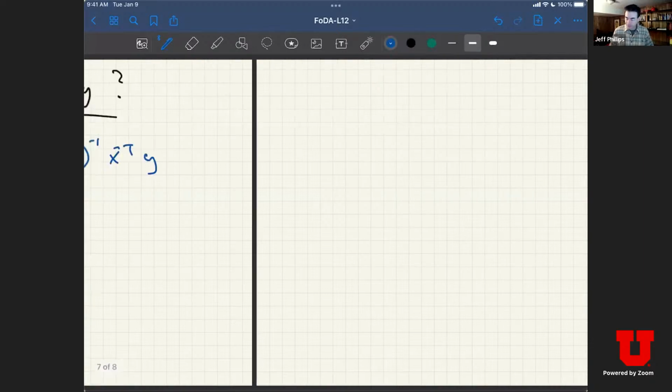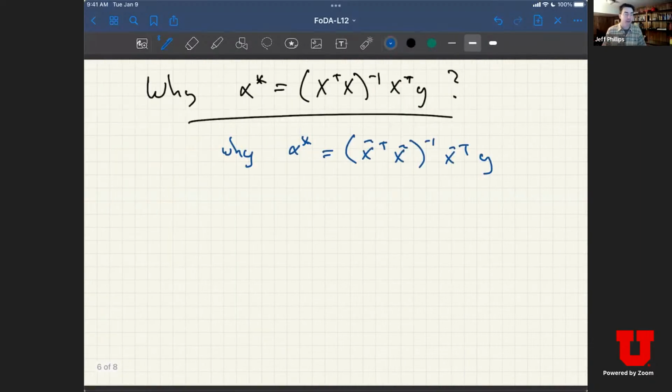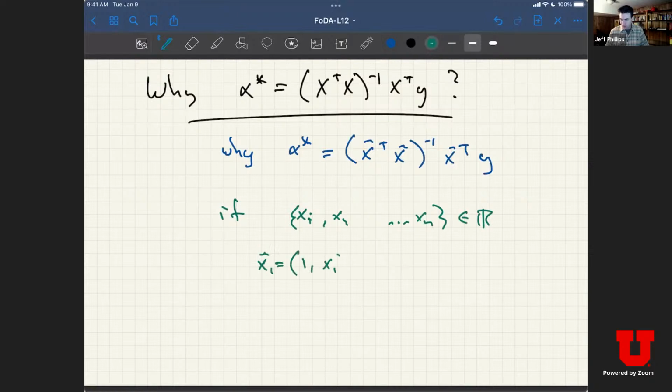Can we use the same formula if xi is in R1? Yes, this would work. If x1 through xn were in just R, I can write x tilde 1 as (1, x1), which is now in R2.